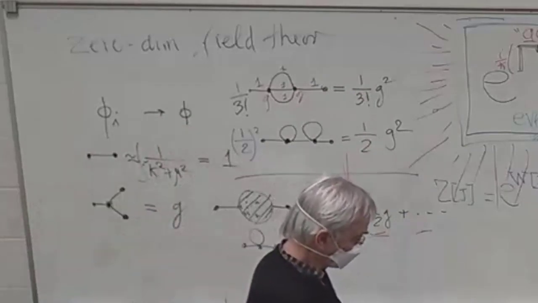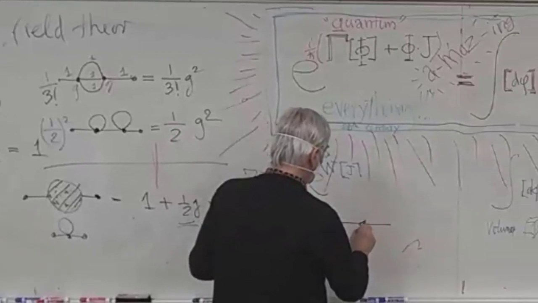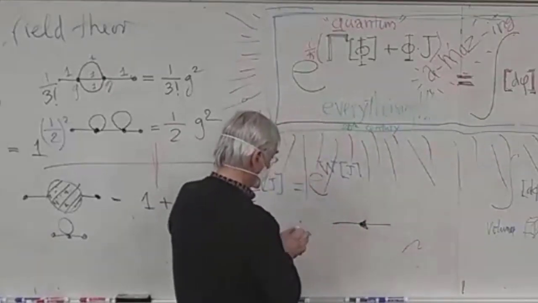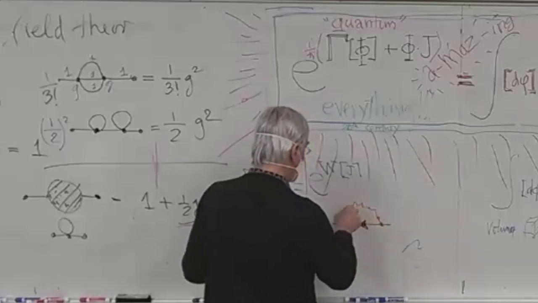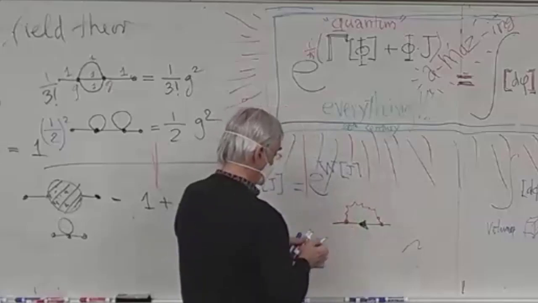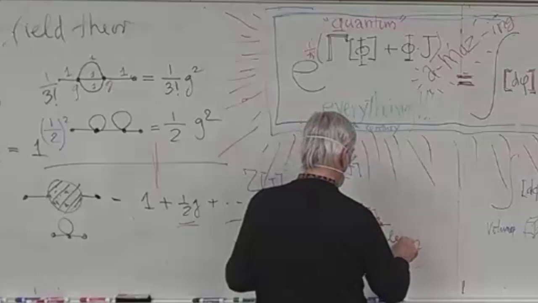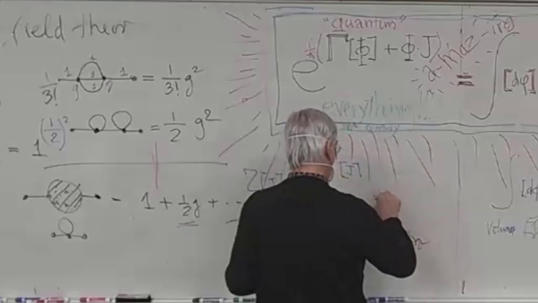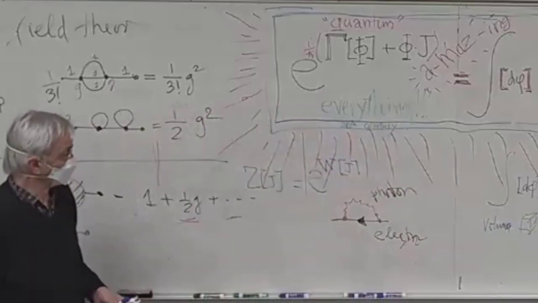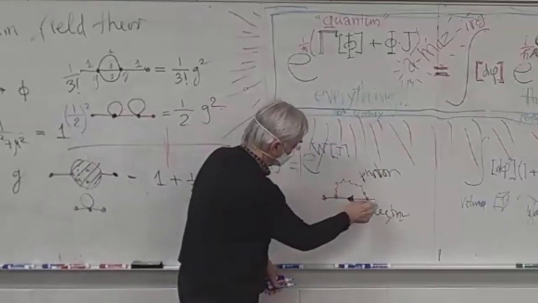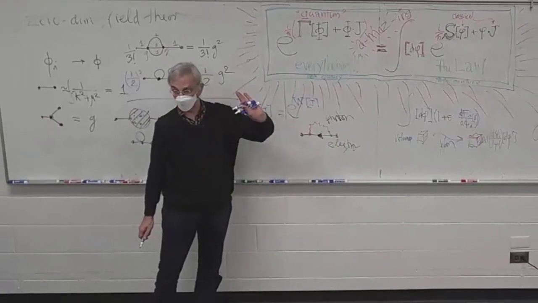So in particular, I gave you a very nice example. When you have a directed line, this is called electron. We'll compute it. And then you have a photon. So, electron or positron, and photon. And the first correction to a propagator is this diagram, and it has no symmetry, so its value is 1.